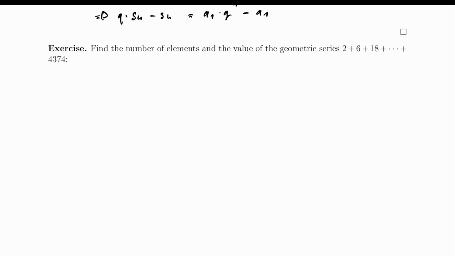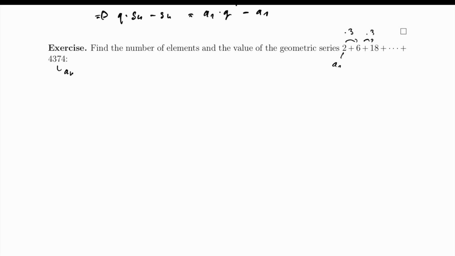All right, and then you have these combined exercises again. For instance, here you see q would be 3, a1 would be 2, and here an is 4,374.